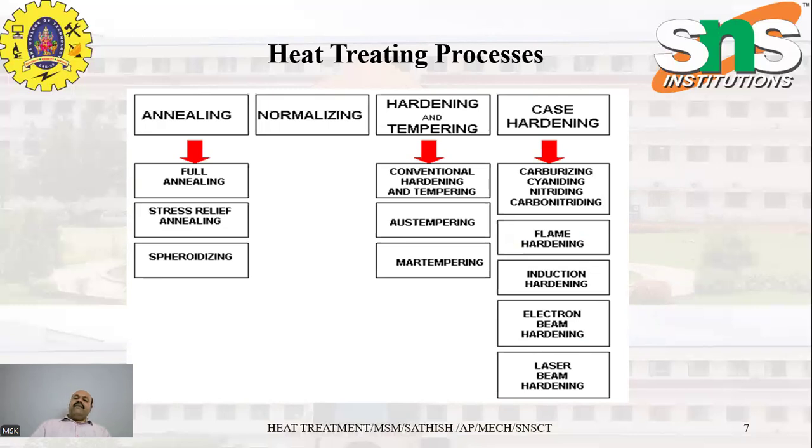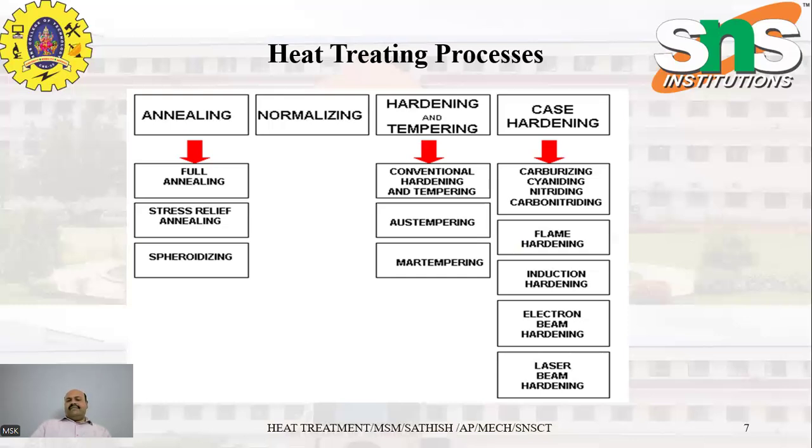Under hardening and tempering, we have conventional hardening and tempering, austempering, and martempering. In case hardening, we have carburizing, cyaniding, nitriding, carbonitriding, and we have some other processes called flame hardening, induction hardening, electron beam hardening, and laser beam hardening.